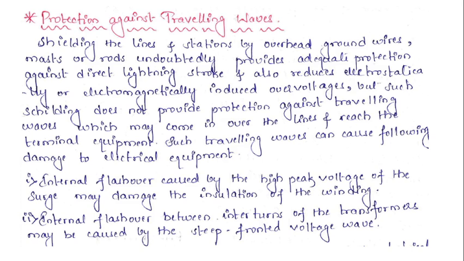Shielding lines and stations by overhead ground wires, masts or rods undoubtedly provides adequate protection against a direct lightning stroke, and also reduces electrostatically or electromagnetically induced overvoltages. So with these ground wires, they provide adequate protection to the transmission line against the direct lightning stroke, as well as protection to the station and substation also.